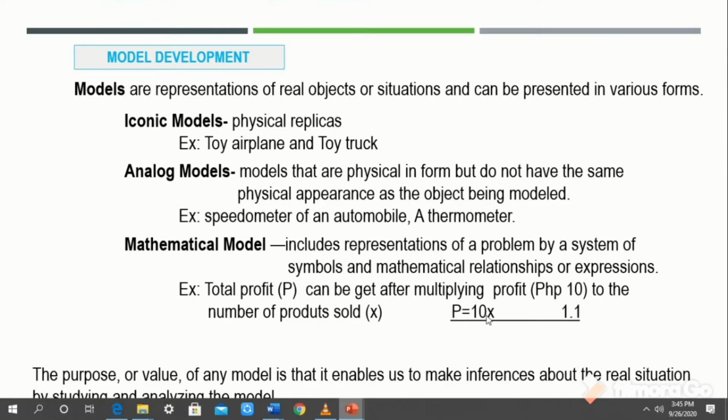So, what is your total profit if the individual profit for each item is 10 and the number of units is X? That is a mathematical model.